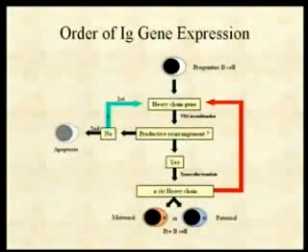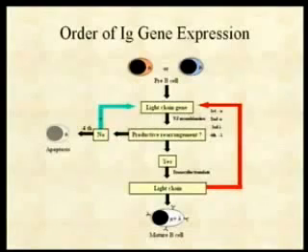After recombination, in the heavy chains, it tries to associate with surrogate light chain. Surrogate light chain, okay? And then if that's true, then we know it's good. And then it goes on to do the light chains. Once the light chain is there, then it can assemble with whatever heavy chain that is making. Okay? Anything else?